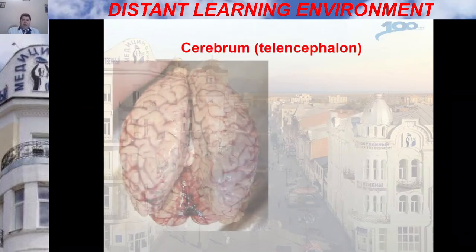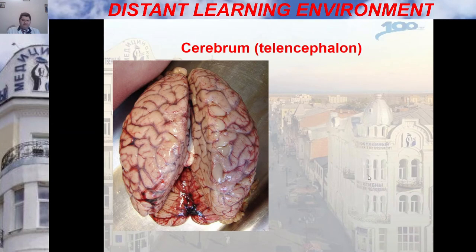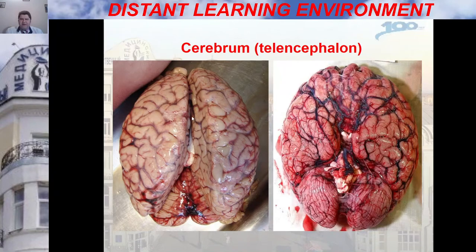First, I want to tell you that the end brain consists of two hemispheres. You may see these hemispheres here from superior view on the left picture and from inferior view on the right picture.